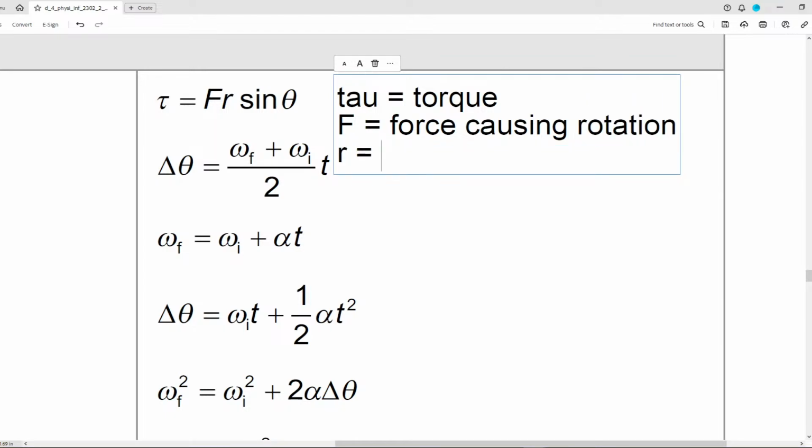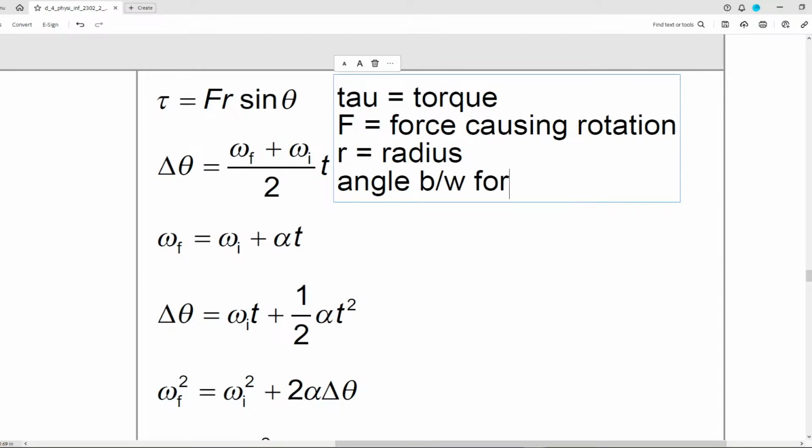R is a radius, and theta is the angle between the direction of the force F and R.